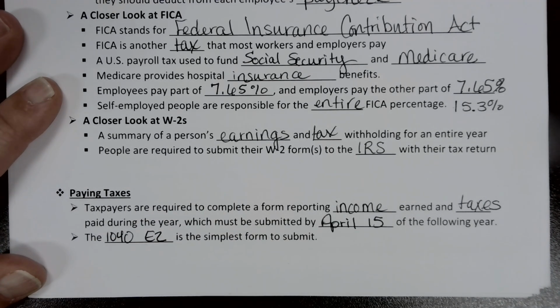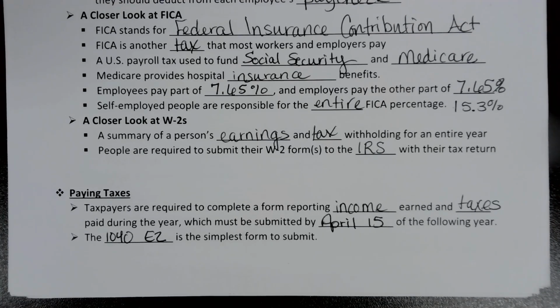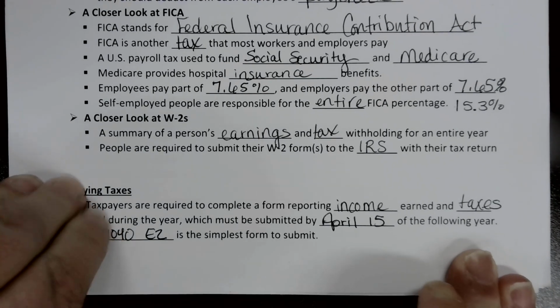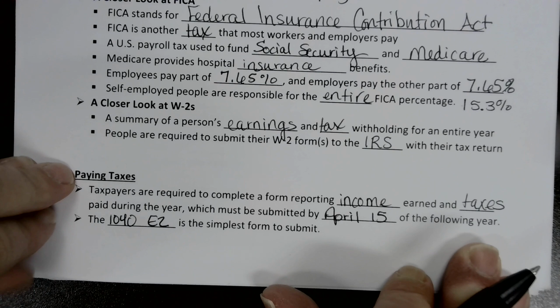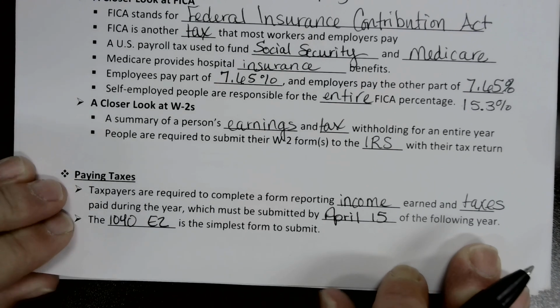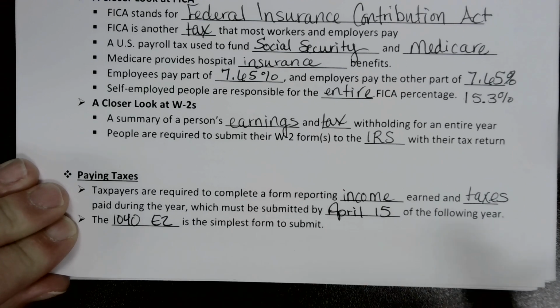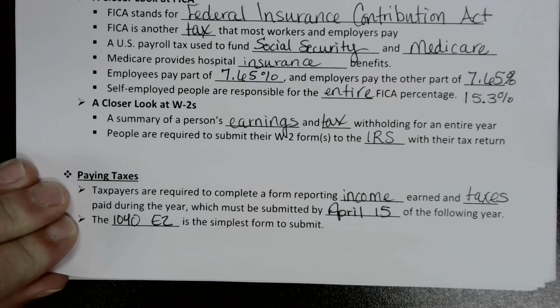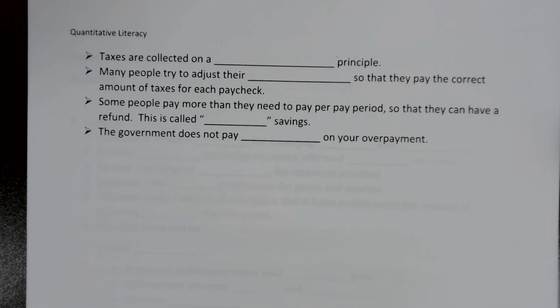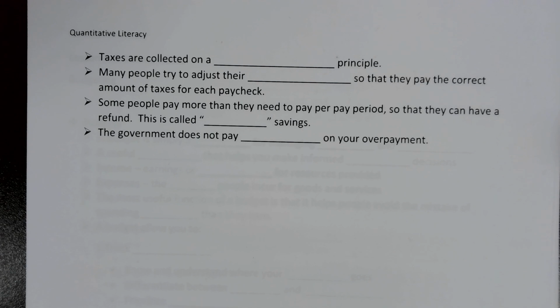Probably going to be the first one you fill out ever. And it's pretty simple. It's like a one-page form where you list your income and talk about how many kids you got or whatever, but you don't really own anything else. So you just got a job, maybe. Okay?